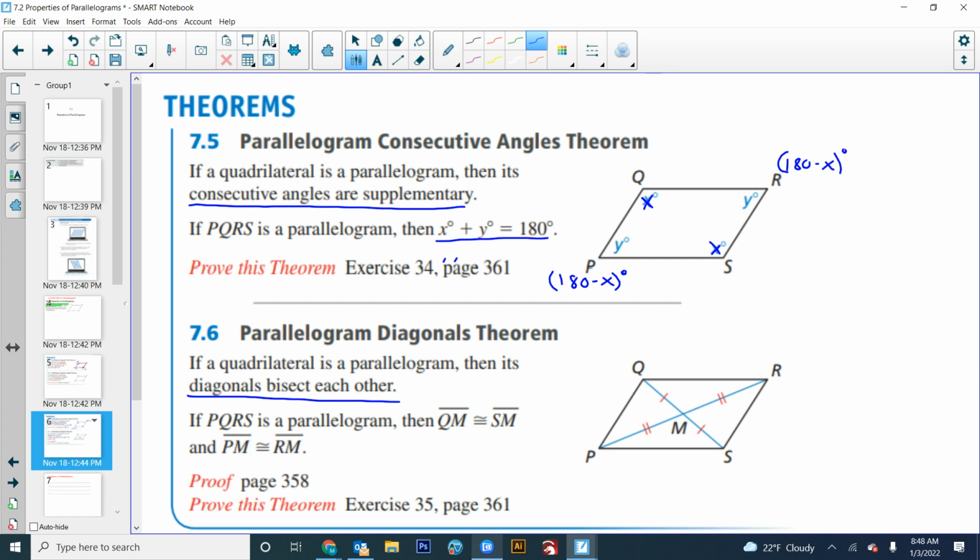Make sense? Does that mean all four of these are congruent? No. Here's an example. This little guy just bisected this segment. This big segment just bisected this segment. That does not mean all four parts of segments are congruent, right? And there, if you kind of connect it, I just drew a parallelogram.